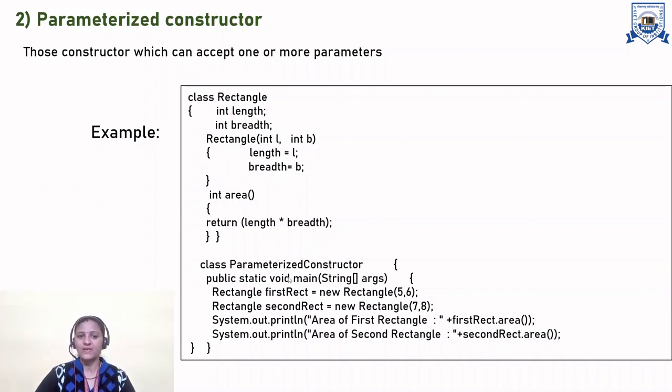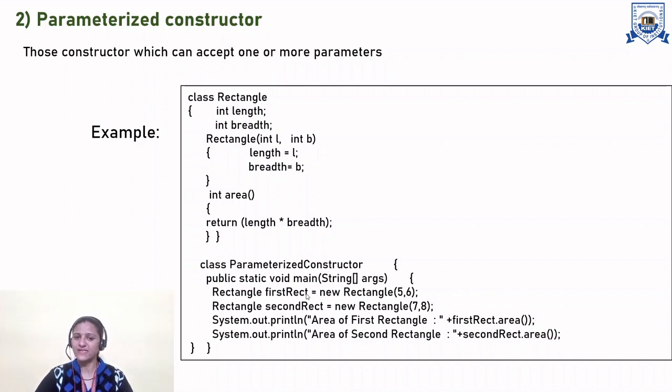So here inside the main, we made the object of the class Rectangle with the object name first rect, and we assigned it memory with the help of the new keyword. With the help of new, we created the instance of the class.